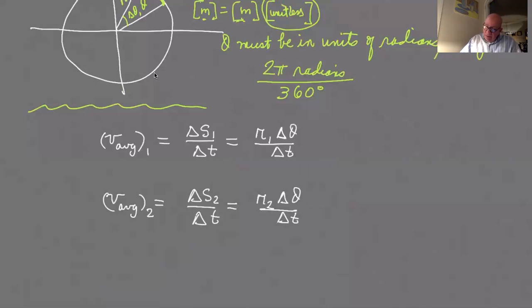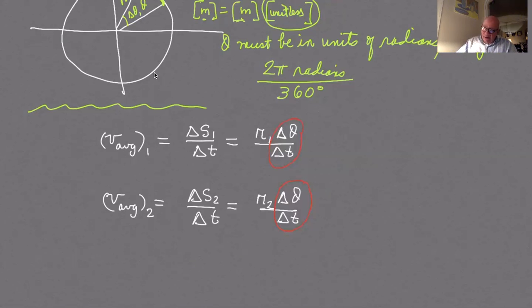And you'll notice something magical happens: for both of those objects, mass 1 and mass 2, delta theta over delta t is the same, okay? Because they both sweep through the same angle in the same time.